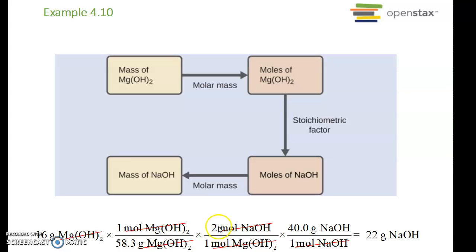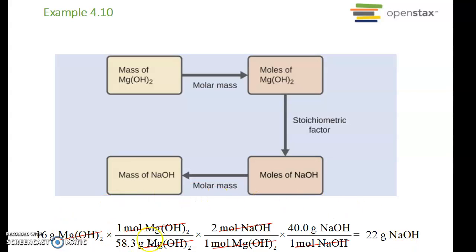And then your molar ratio in the reaction is 2 moles of this to 1 mole of this. And your molecular weight of sodium hydroxide is 40 grams per 1 mole. So 16 divided by 58.3 times 2 times 40 gives you 22 grams of sodium hydroxide.